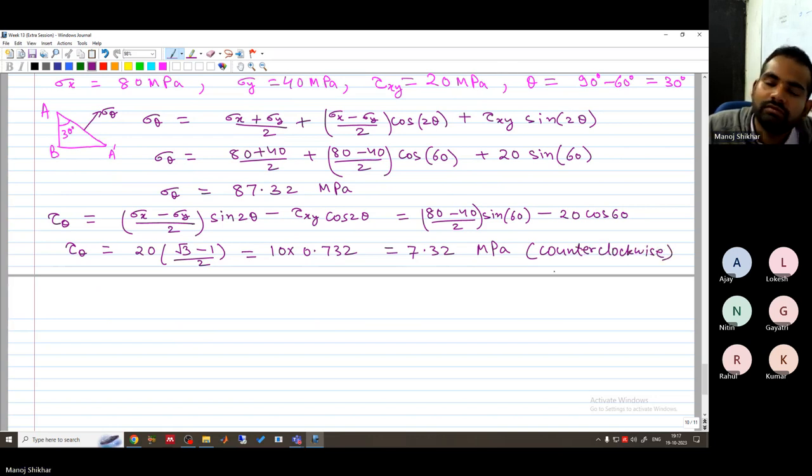Counterclockwise. So this is our tau theta.